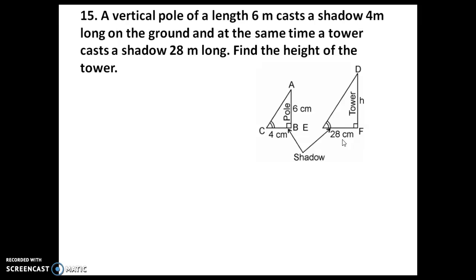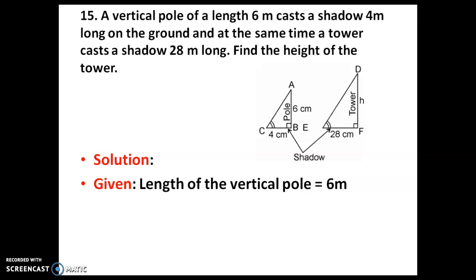Now with this data we have to find out the height of the tower. The height of the pole is given, the lengths of both shadows are given, and at the same time the shadow is casted, so the angle also will be the same. So let's start.